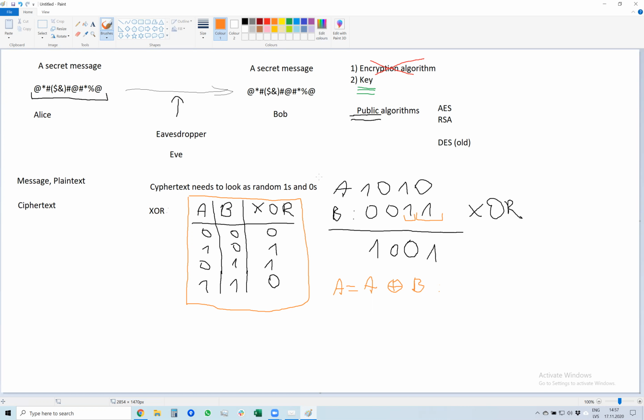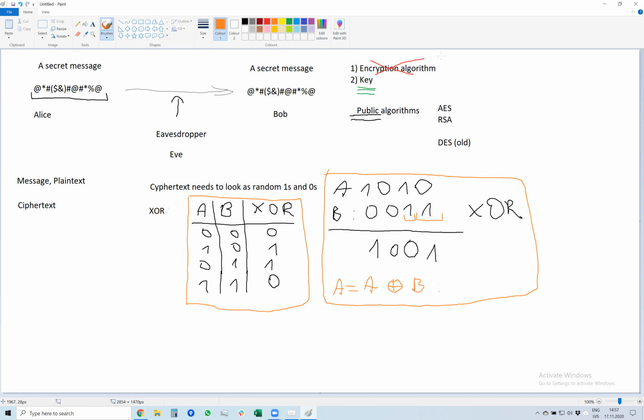So this is another way to describe XOR. XOR is also used to flip bits to the opposite position, to change zeros to ones and to change ones to zeros, okay?